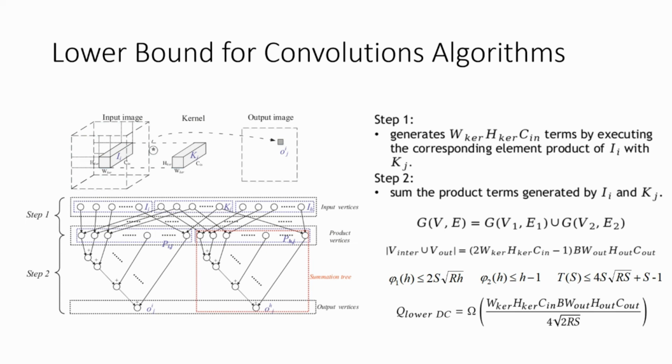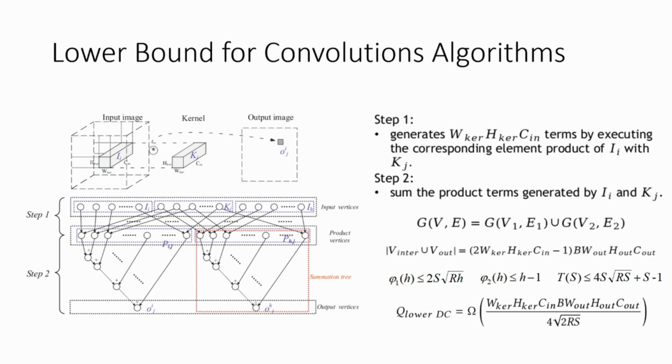With formulas 0, 1, and 2, we can estimate the lower bound for convolution algorithms. Here, we take direct convolution as an example. The DAG of the direct convolution algorithm is shown on the left, and it can be divided into two steps. Step 1 generates W tilde H tilde Cin terms by executing the corresponding elements' product of I with K. Step 2 sums the product terms like a summation tree.